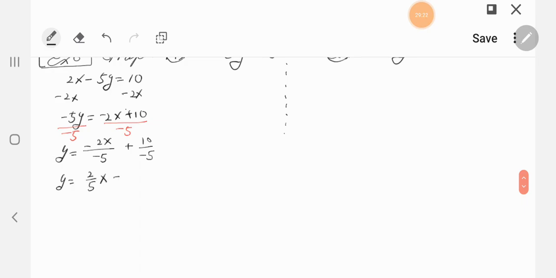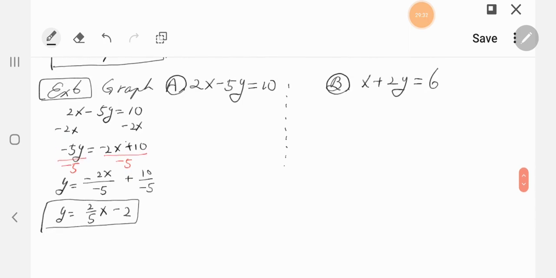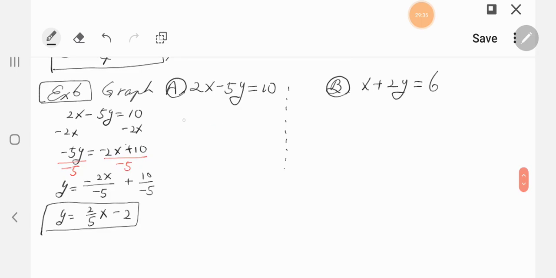And the minus moves to the front, 10 over 5 is 2. So we have an equation, y equals 2 over 5x minus 2. So this is the new equation in y equals mx plus b. From this, let's find the table of 2 points, x and y.